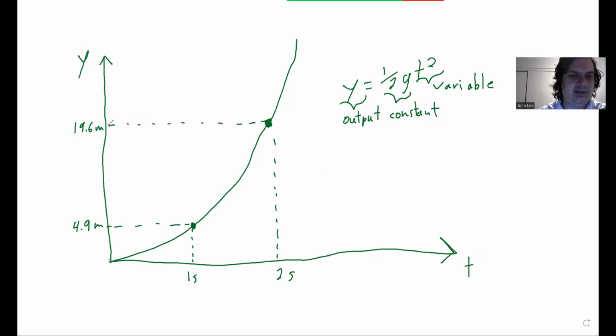So the output is the y-axis generally. The y-axis is what we call this vertical axis, and the x-axis is what we call this horizontal axis. So you go out a certain distance on the horizontal axis, you go up until you hit the line, until you hit the function, and that's going to tell you what the output is for your function.